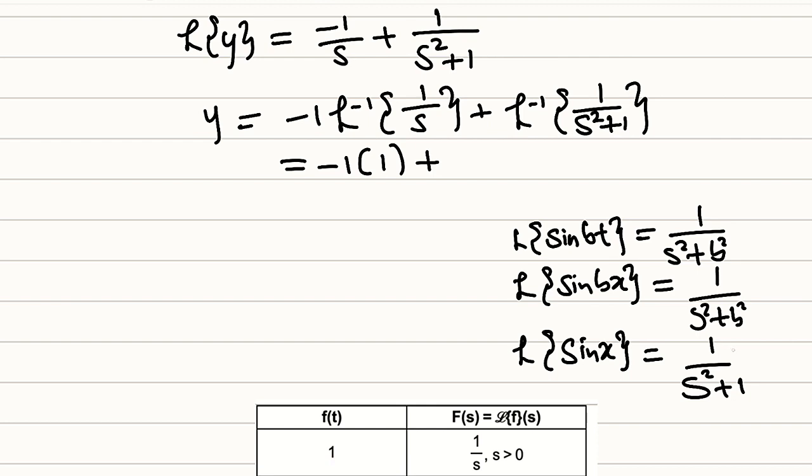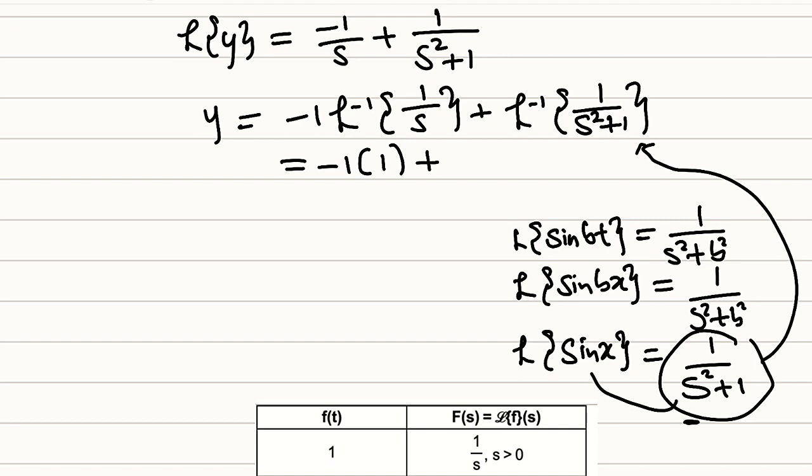Can you relate? This is exactly equal to this. Therefore, if you take the inverse Laplace transform of both sides, this will give you back sine x. The whole of this is equal to sine x. Therefore, we write sine of x here.